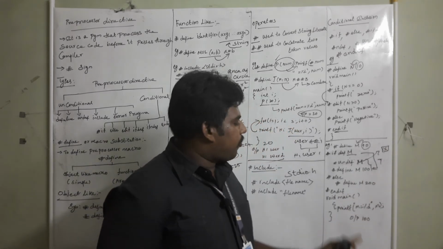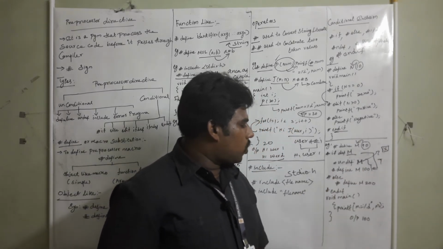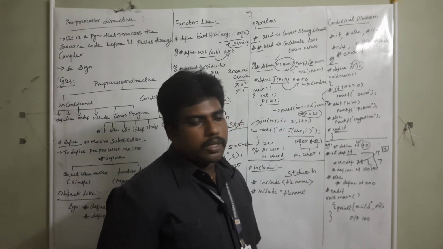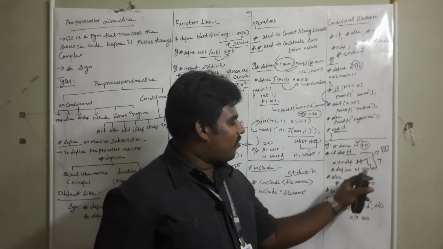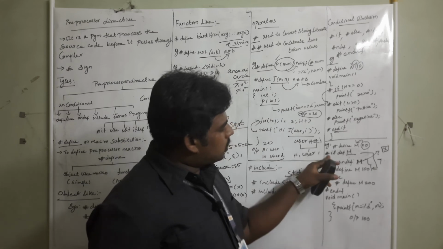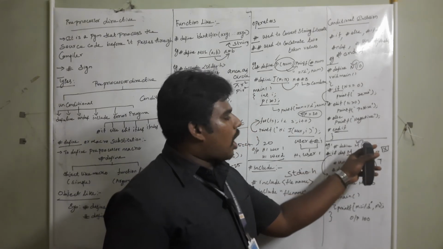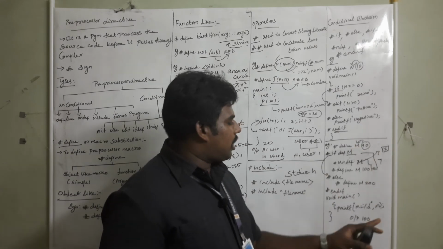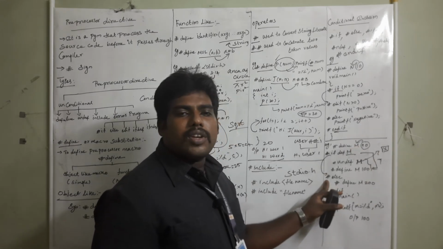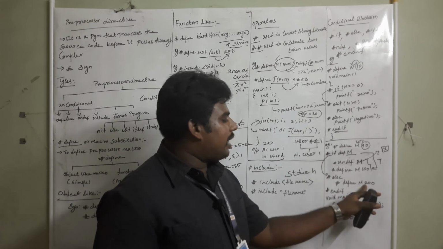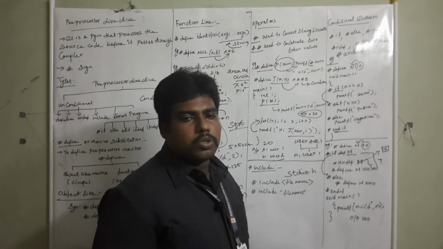So again I am defining, hash define m equal to 100. Now the m value is 100. Suppose if it is false, if I have not defined any value for this m, directly it will come to the else part and define m equal to 200.